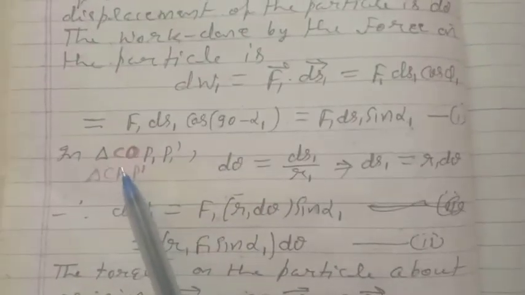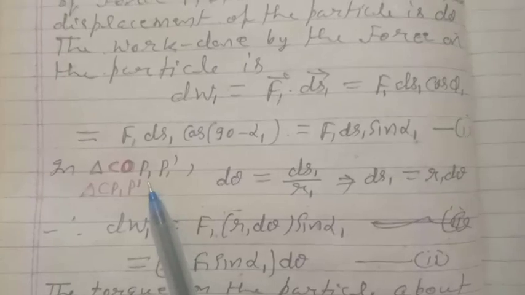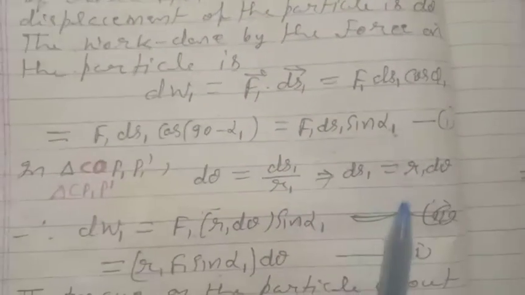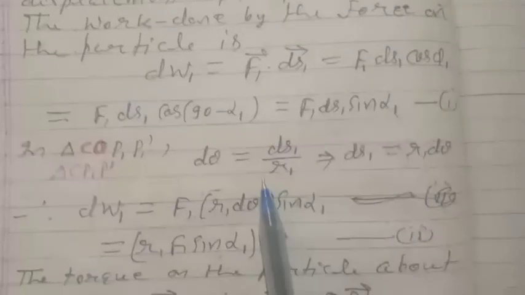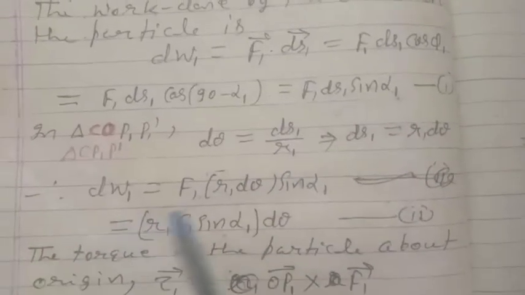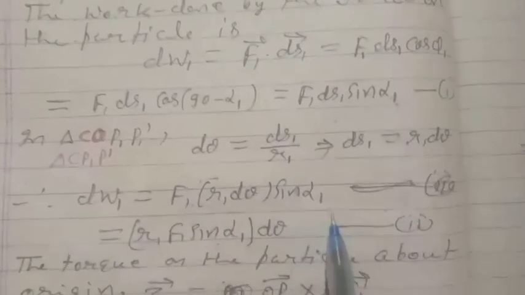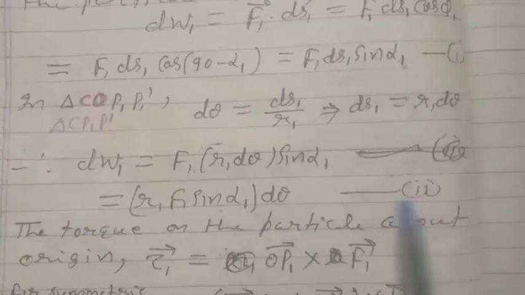Because in triangle CP1P1', d theta equals ds1 by r1, so ds1 equals r1 d theta. Hence dW1 equals F1 r1 d theta sin alpha1, which equals r1 F1 sin alpha1 times d theta, equation 2.